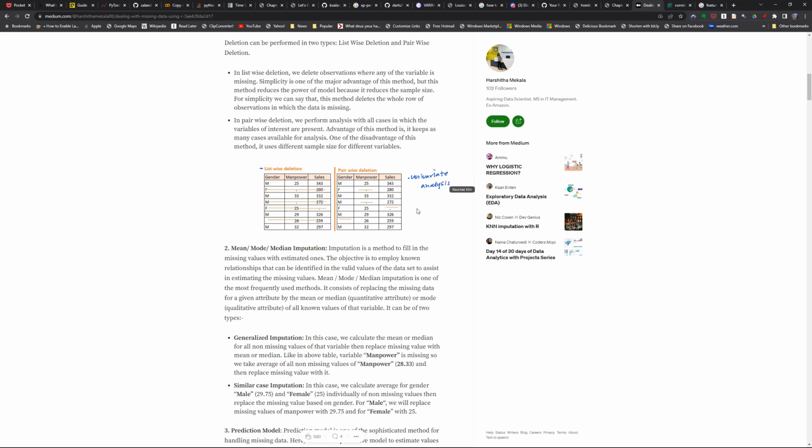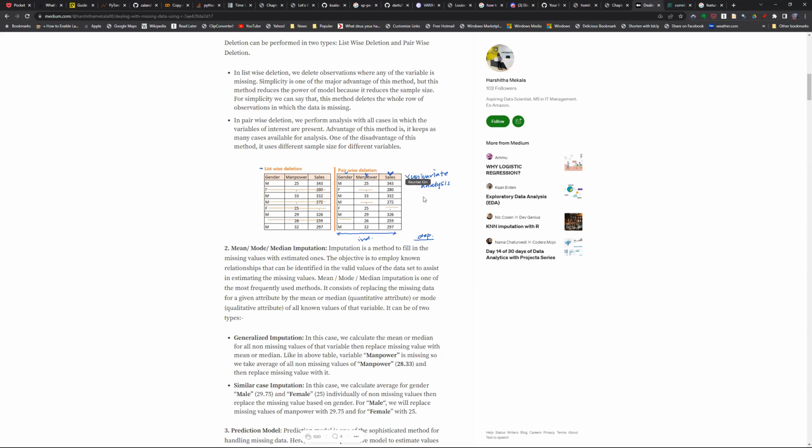So assuming that all of these columns, like gender and manpower and sales, are the independent variables, and then our dependent variable is separate, in that case, we can just do it using each one at a time. So sales versus the dependent variable, or manpower versus the dependent variable, and gender and the dependent variable, etc. So that means univariate analysis.